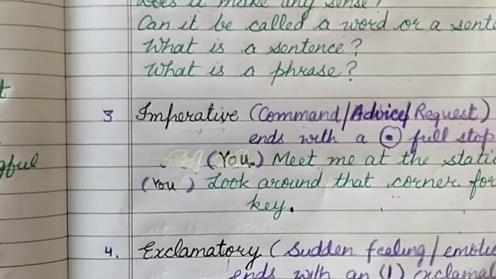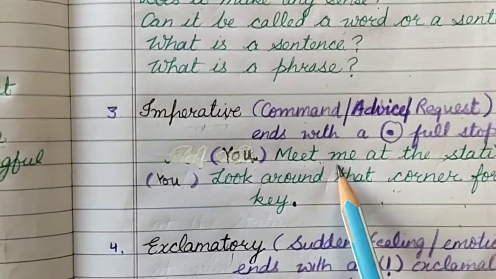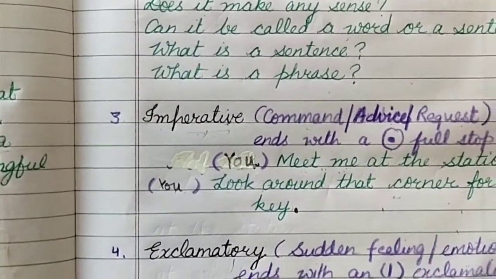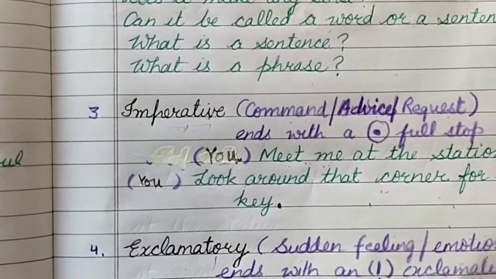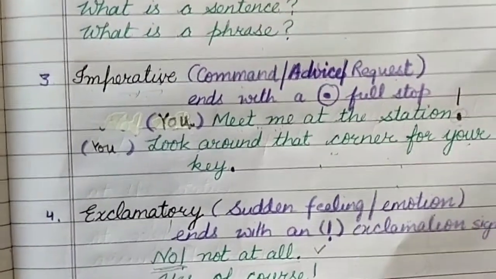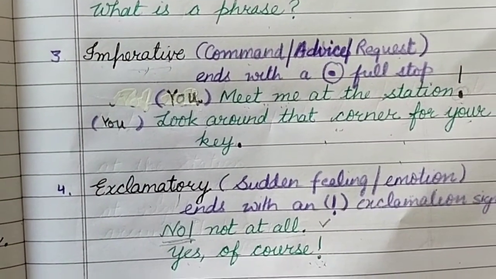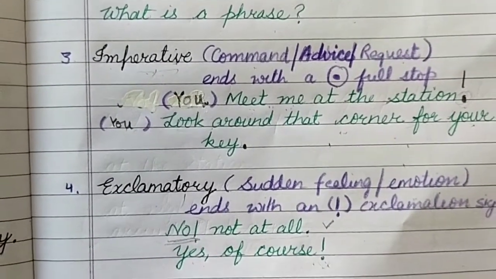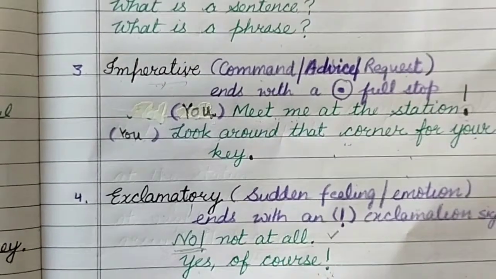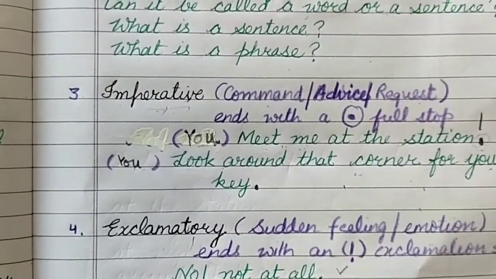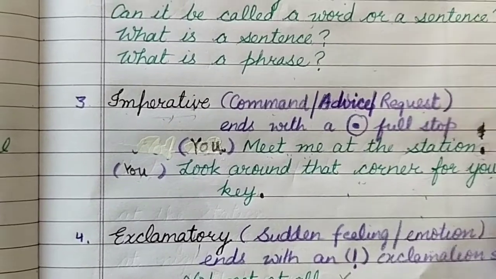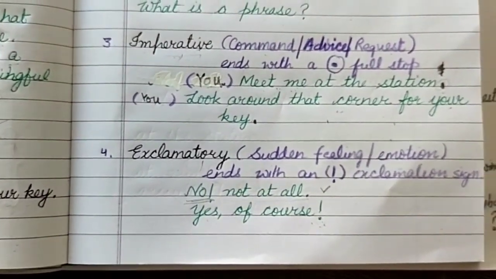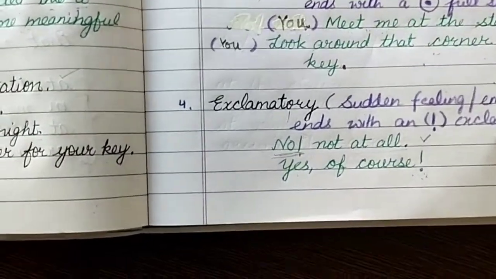Now फर्क क्या हुआ, है तो ये command, but I'm ending in exclamation means I made my emotion clear. यहाँ मैंने emotion add कर दिया कि मिलो. I am saying it with a strong emotion. Meet me at the station, right? So sometimes in general spoken way हम imperatives को exclamation sign भी दे देते हैं, right? Okay.